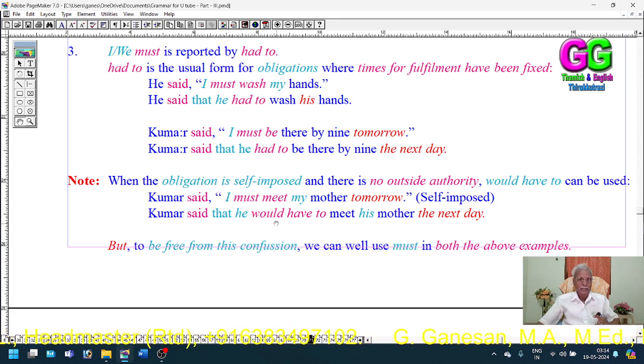He said that he would have to meet his mother the next day. But if there is any confusion about whether we have to use would have to or had to, we can simply use must without any change. There is a provision for that also.